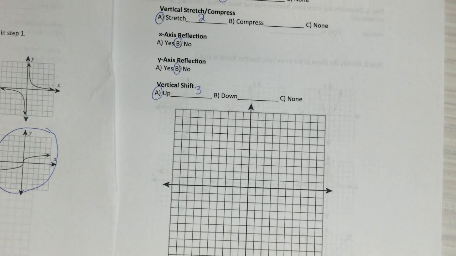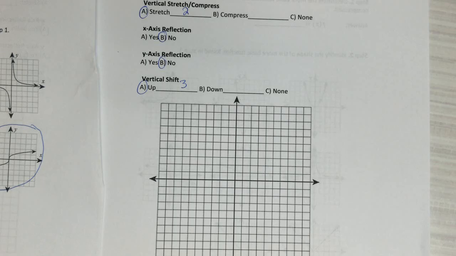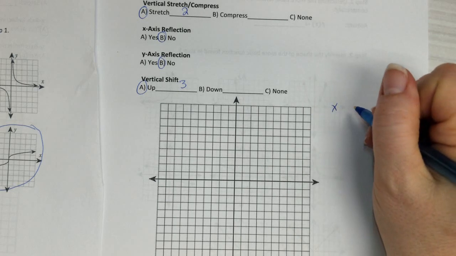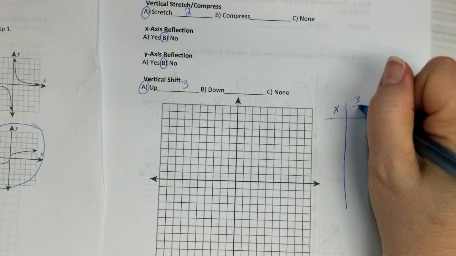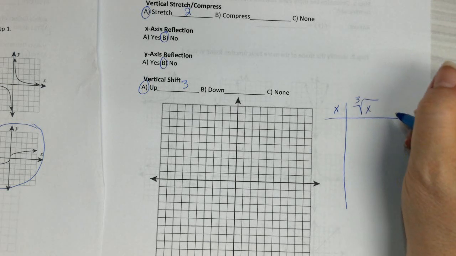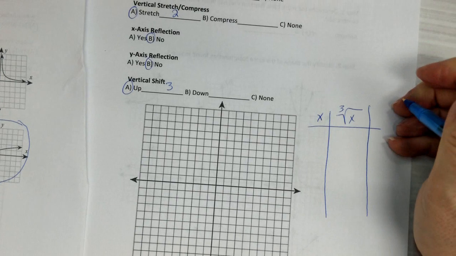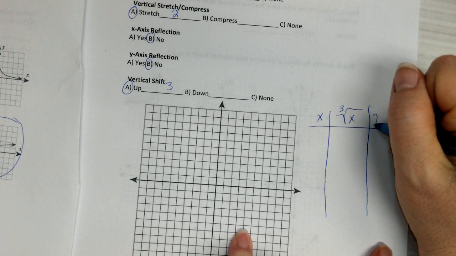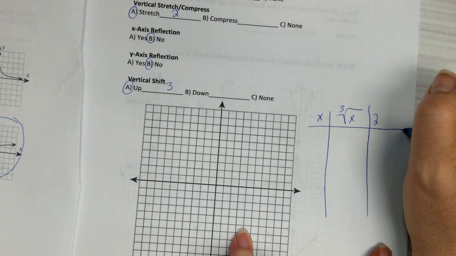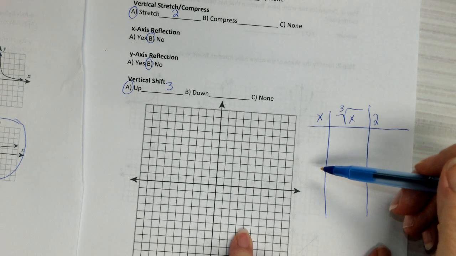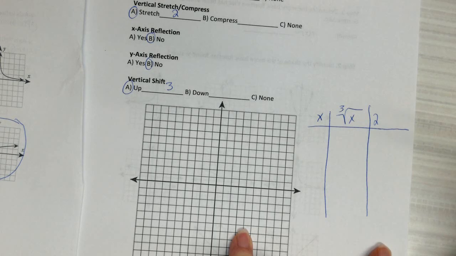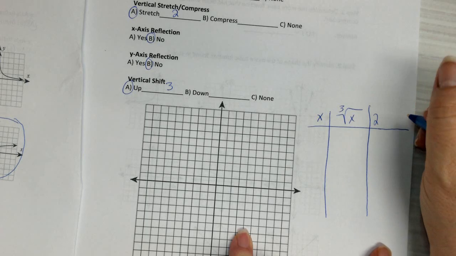So, again, I can make a table. And this one's different from the one before because I do have a horizontal shift. It's hard for me to pick the same x values because my x value translated 3 units to the right.